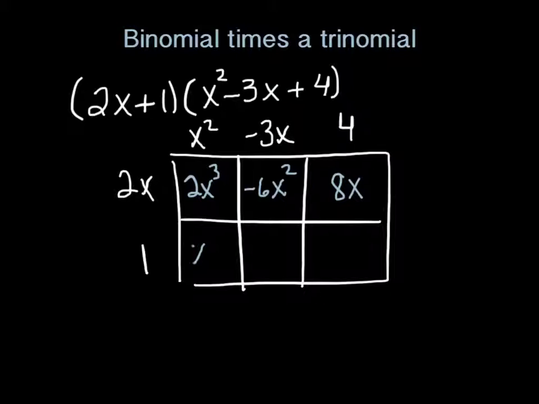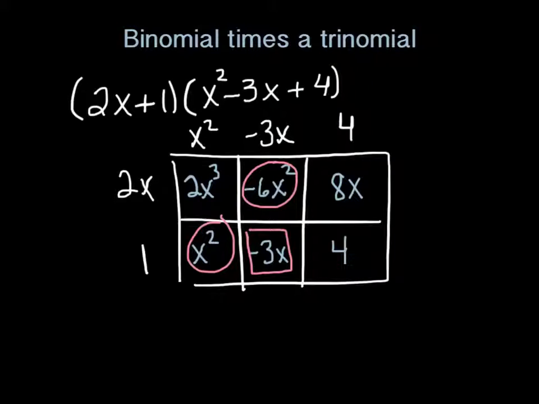1 times x squared is x squared. 1 times negative 3x is negative 3x. And 1 times 4 is 4. Now if you notice, you have some like terms here, and then you have some like terms here. So I'm going to bring down my 2x cubed. I'm going to add my x squared to my negative 6x squared and get negative 5x squared.